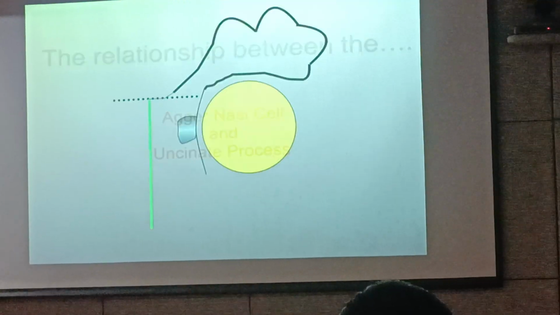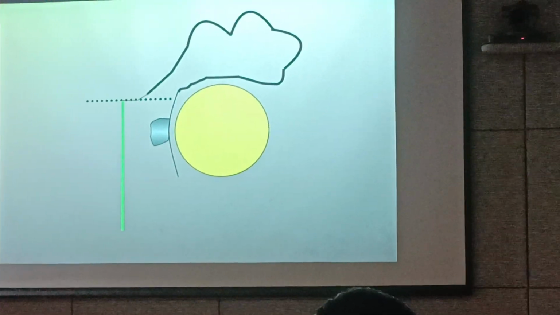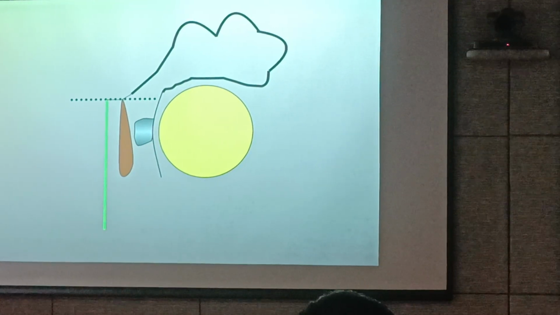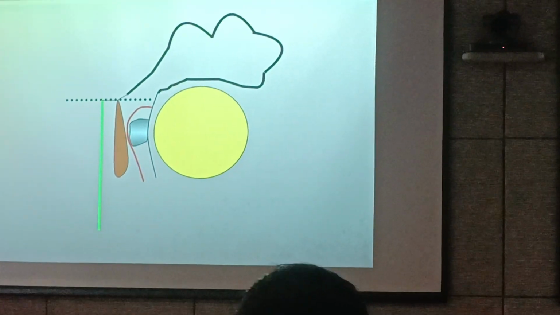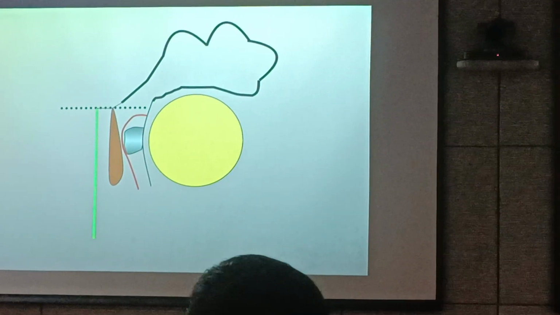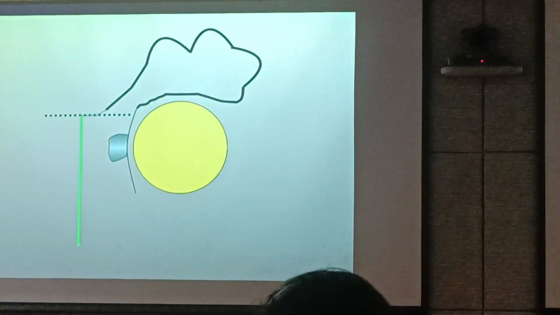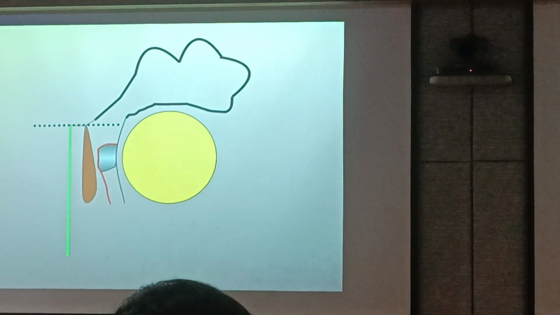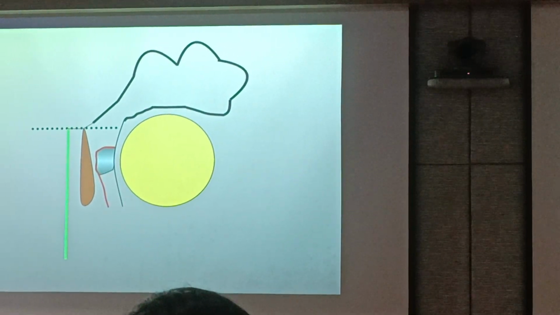So what I'm saying is, sometimes the agger nasi cell is there before the middle turbinate comes. Then you get the middle turbinate, and then you get an uncinate which is separate from the agger nasi cell. Sometimes you have the agger nasi cell, and the uncinate is fused with the posterior wall of the agger nasi cell.